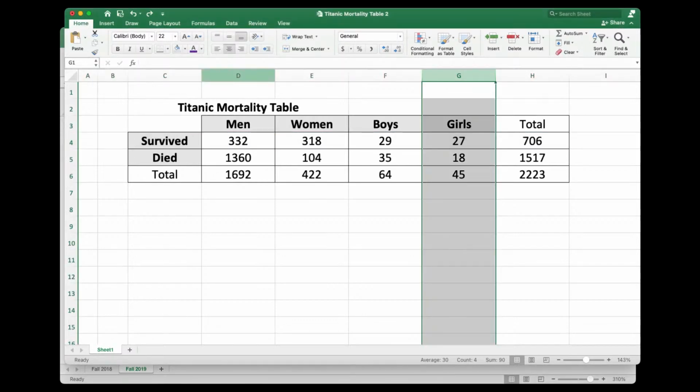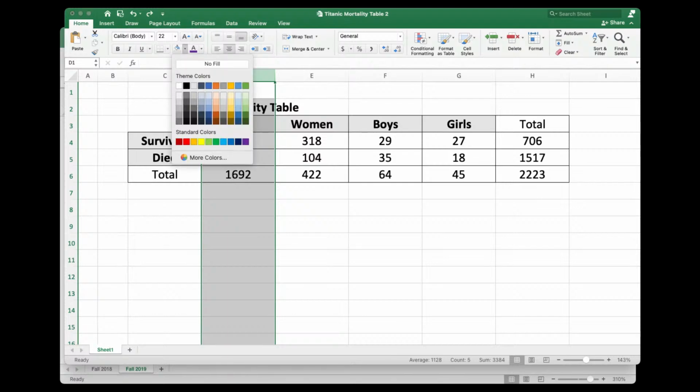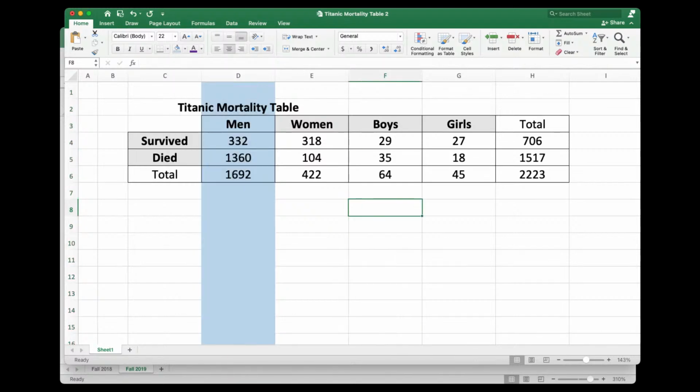So I got to go back to all the men now. Here's all the men. How many men were on the Titanic again? 1,692. So this is 1,692 men that were on the Titanic.